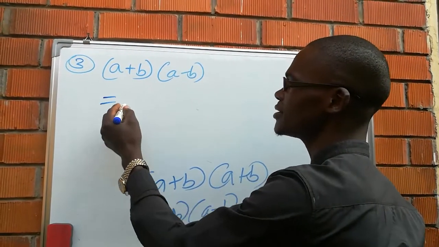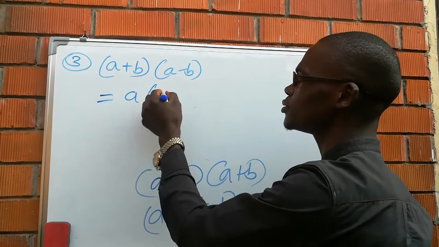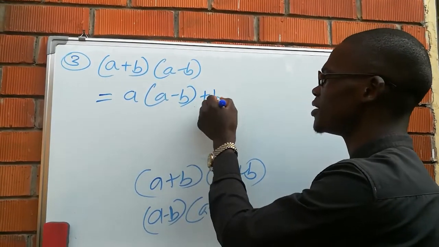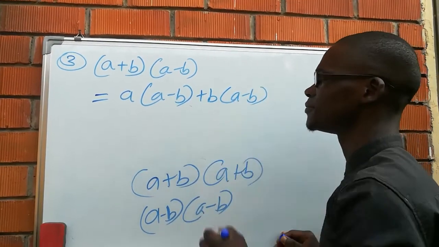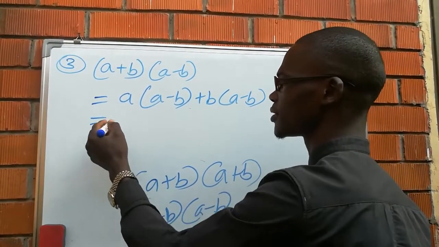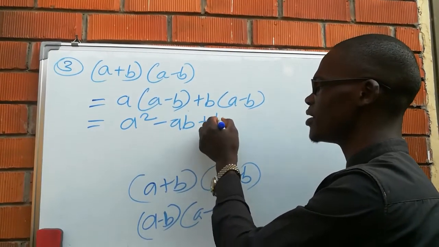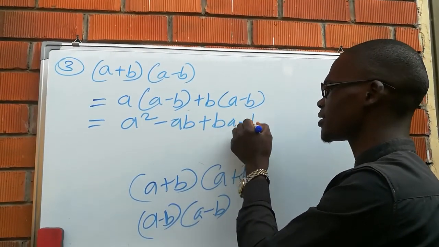This will give us a into a minus b then plus b into a minus b, which is a squared minus ab plus ba minus b squared.